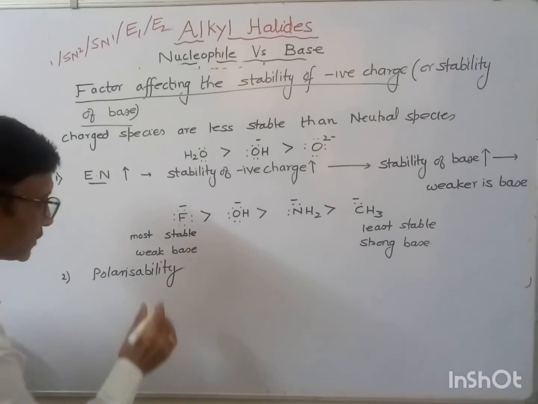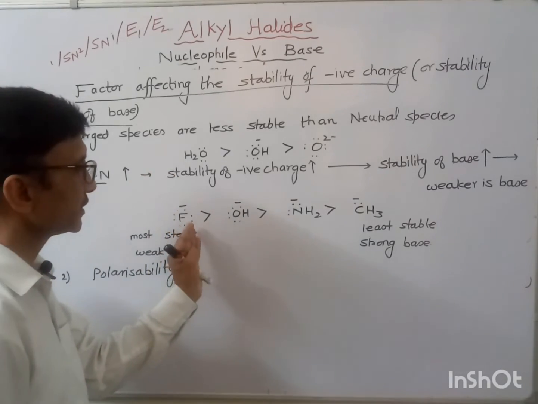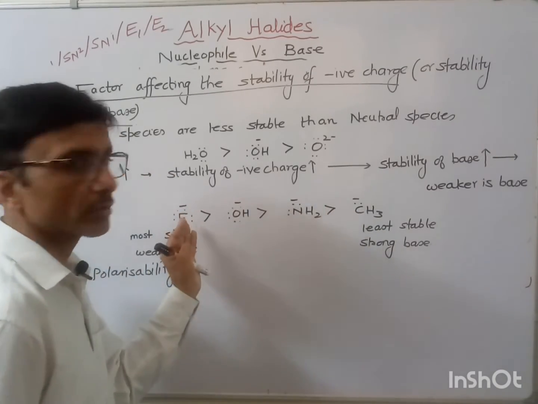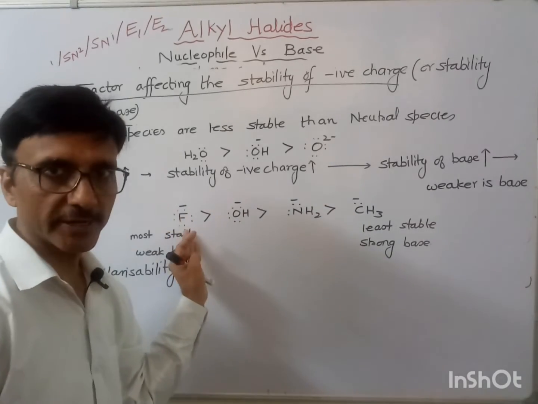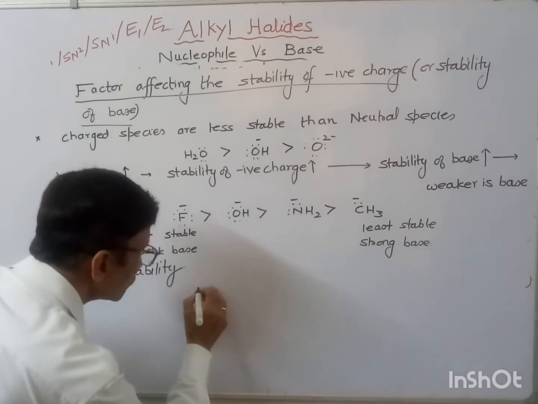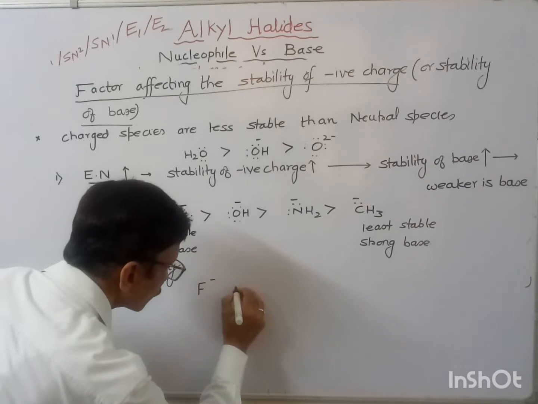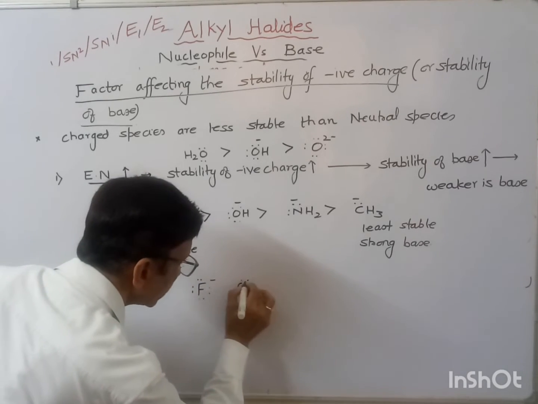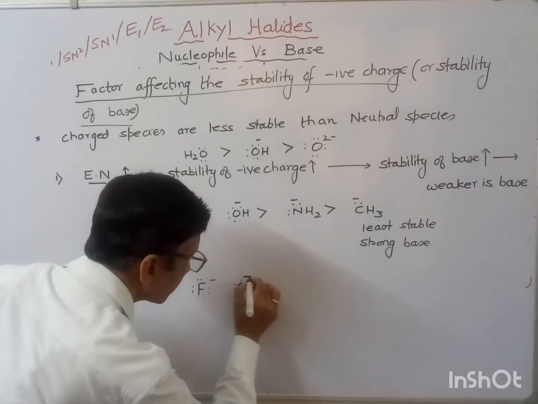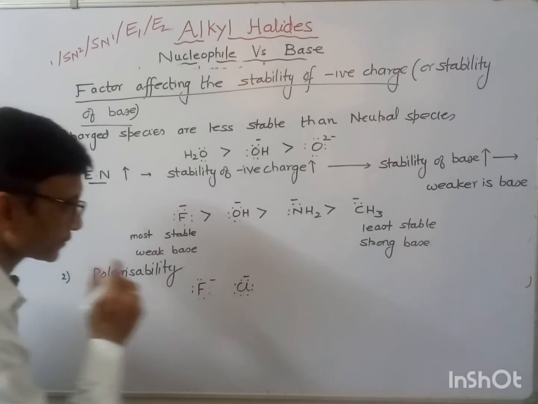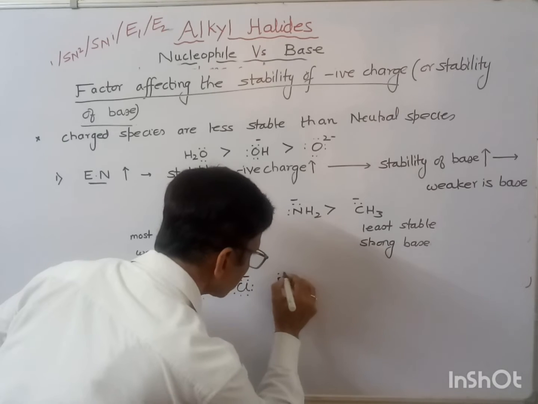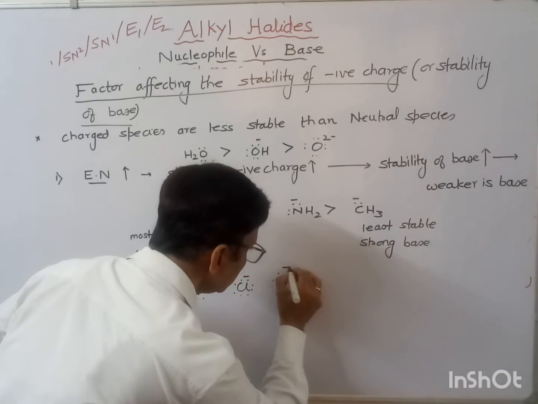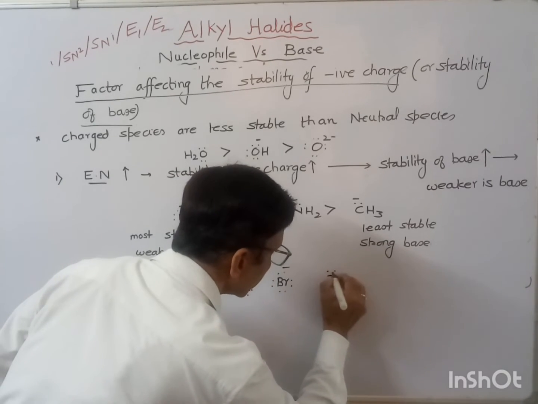Now suppose I write from top to bottom: fluoride ion, bromide ion and iodide ion.